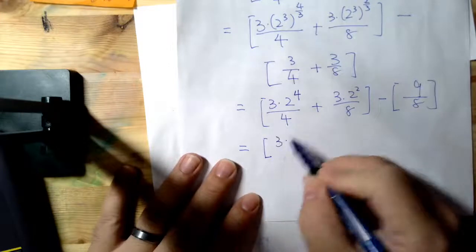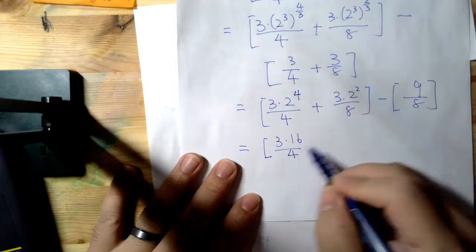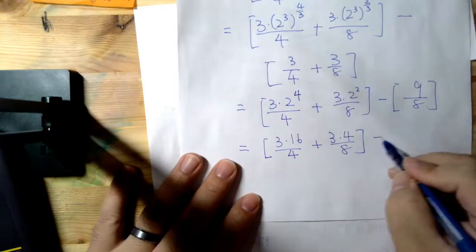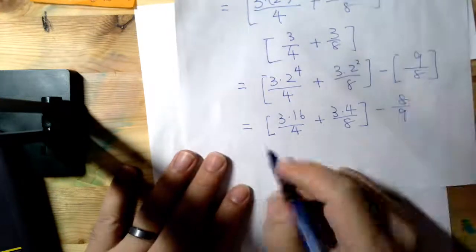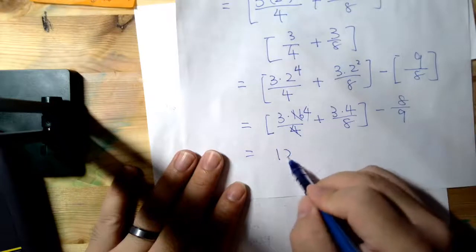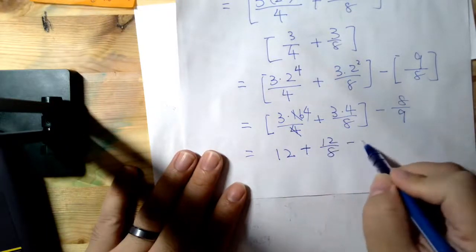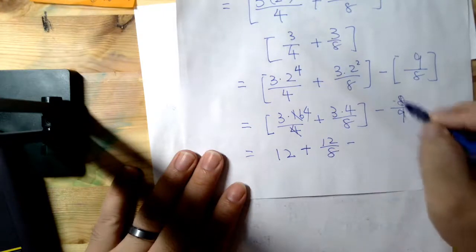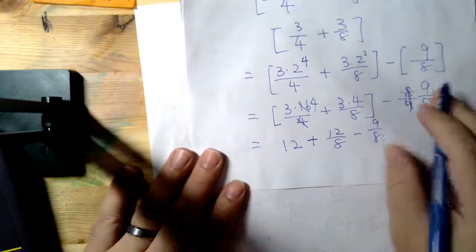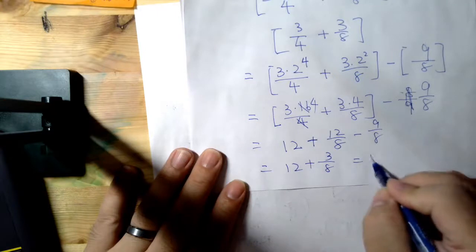It's just 3 times 2 to the 4th, which is 16, over 4, plus 3 times 4 over 8, minus 9 over 8. Turns out what we have here is 4 times 3, so it's 12, plus 12 over 8 minus 9 over 8. So we have 12 plus 3 over 8.